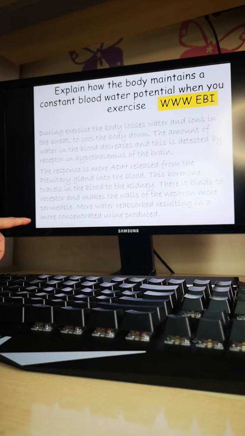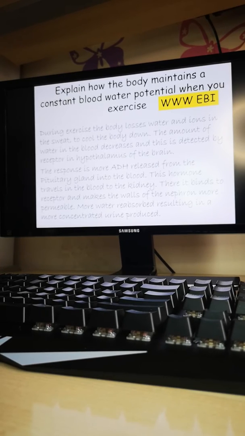Sometimes you have to talk about it being more concentrated, sometimes the volume. So I would always put both, so a concentrated urine of lower volume. There's a lot of detail missing from that, so that's why it was 1 or 2 marks before. It's only likely to be a 4 marker because it's a paper 2 concept, and it's still up for grabs.